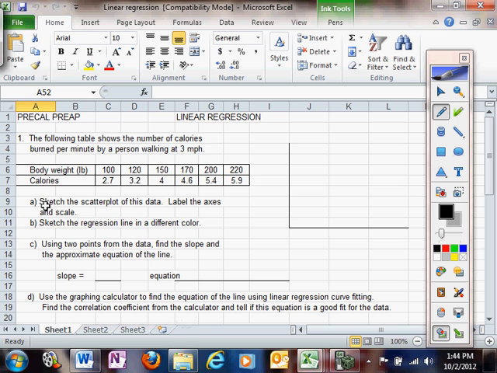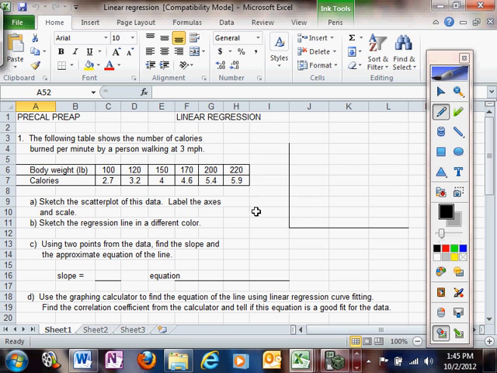So going through here, it says sketch the scatter plot of this data and label the axes and the scale. I'm going to leave that to you to do. There are 2 ways of doing it. One, you could simply look at what you have in your calculator once you actually find your scatter plot.